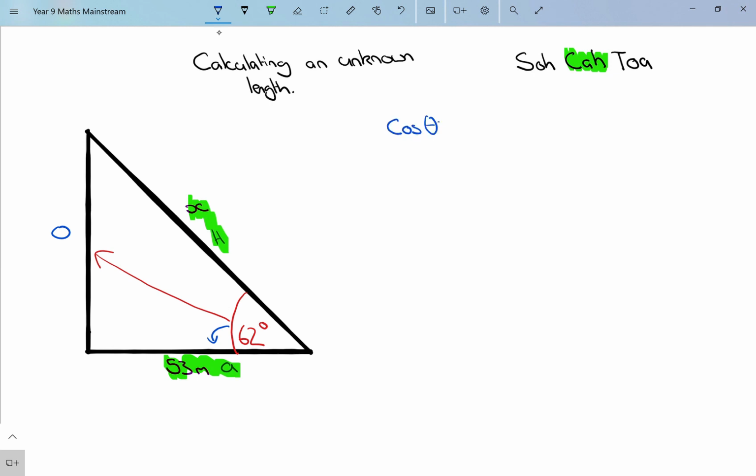So we write out our formula, cos theta equals the ratio between adjacent and hypotenuse, and then we populate cos 62, our reference angle, equals 53 over x. And again, because that variable is on the bottom, we can just swap those two. So we're going to get h equals 53 over cos 62. Again, you'll need to use your calculator for these, and we get h equals 112.89 meters.